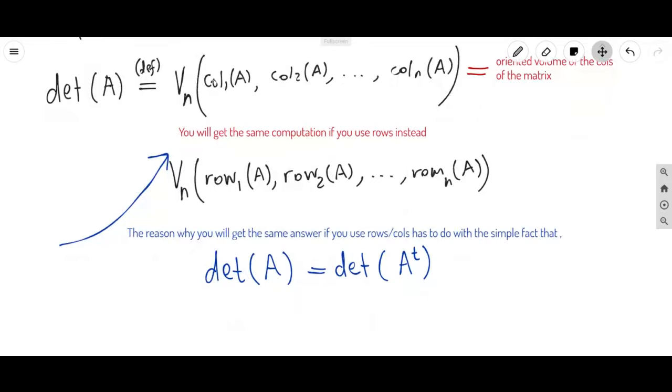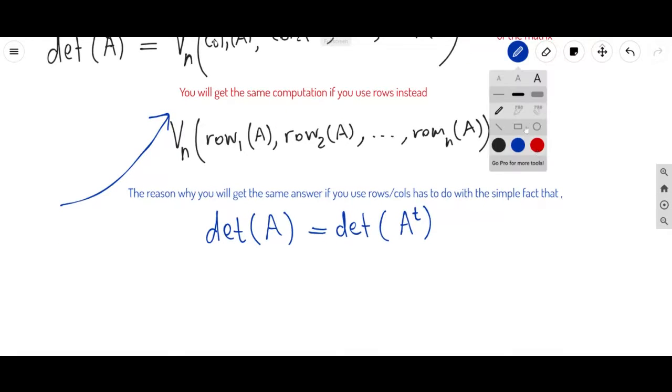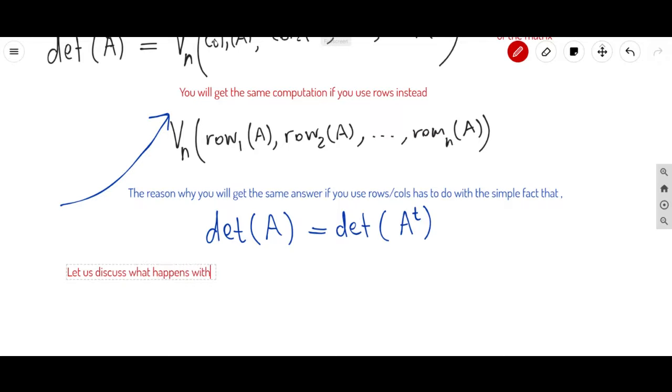But what I wanted to do for the time being is talk about what happens with the determinant under row operations. So let us discuss what happens with the determinant when you apply row operations to a matrix. Now, we know that there are 3 row operations. So let's talk about what happens for each row operation.